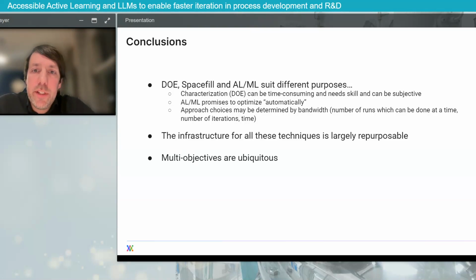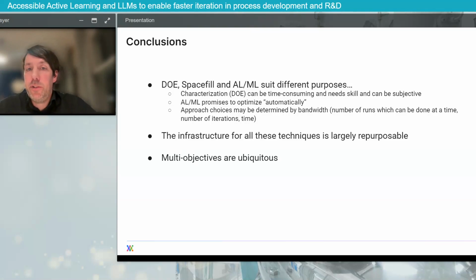And the choices we make in terms of whether we use one approach or another, or a combination of the two, can be determined by various factors such as bandwidth. How many runs can we do at the same time? Maybe we can do everything in one experiment in a big space fill, or maybe we're constrained by the number of runs, or it's very cheap to do iterations, in which case we prefer the iterative approach.